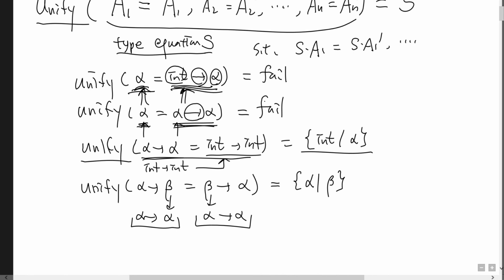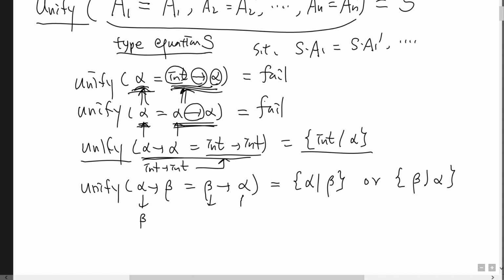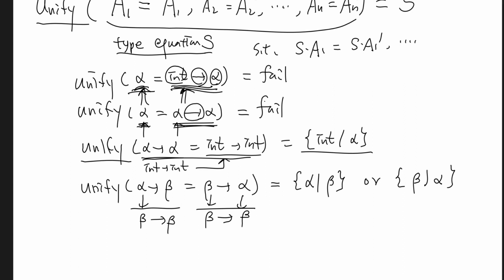But this is not the only solution. Alternatively, you could choose beta for alpha. Then alpha becomes beta, so the left side is beta arrow beta, and the right side is beta arrow beta. So we can unify the two sides in one of two ways.